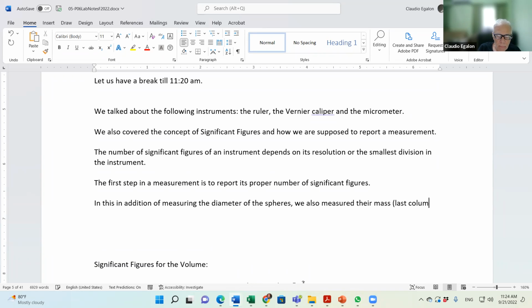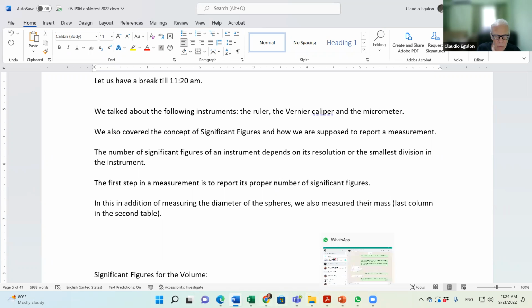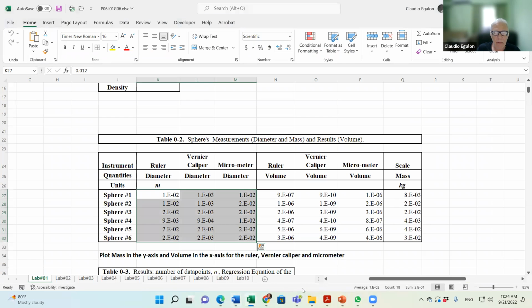Take a look at the last column in the second table that you have right in there. Those are all measurements: measurements made with the ruler, with the vernier caliper, and with the micrometer. And also, we performed another measurement. We measured the mass of each of the spheres with the scale.